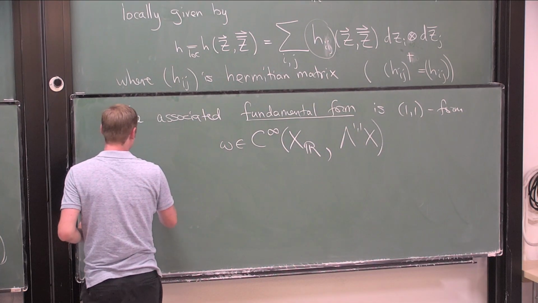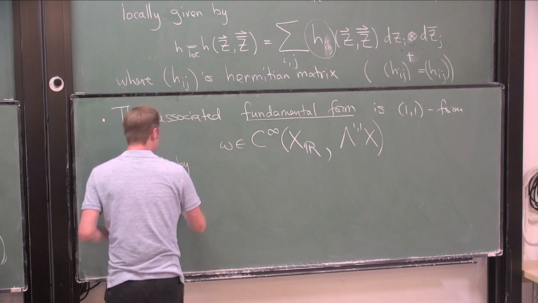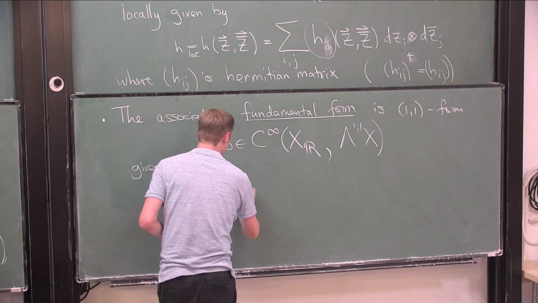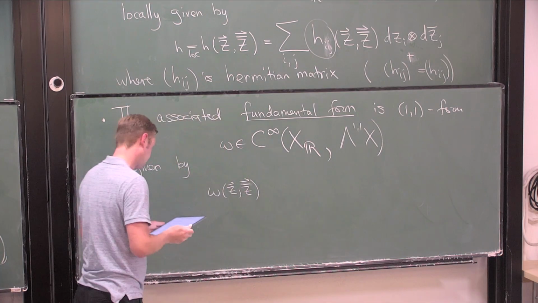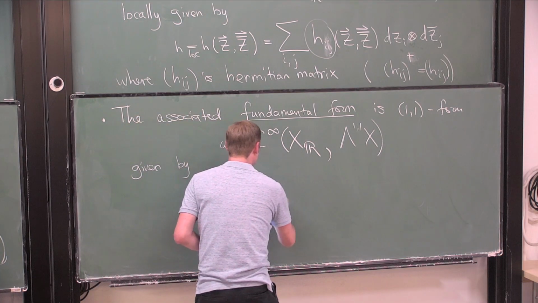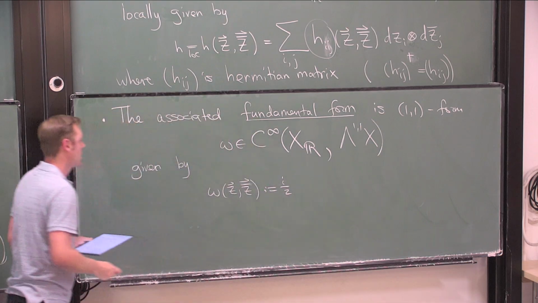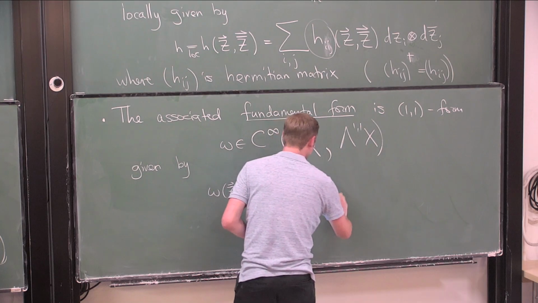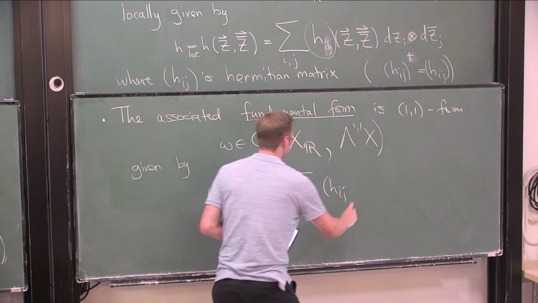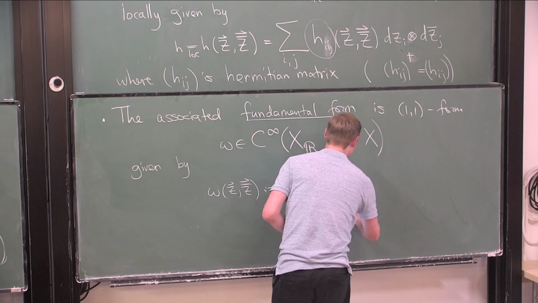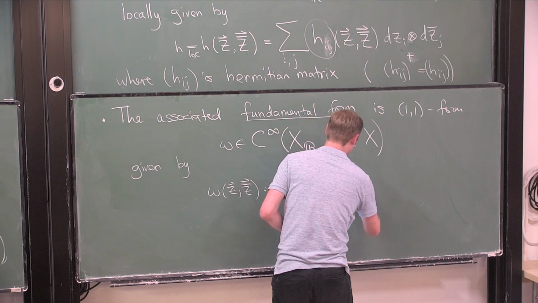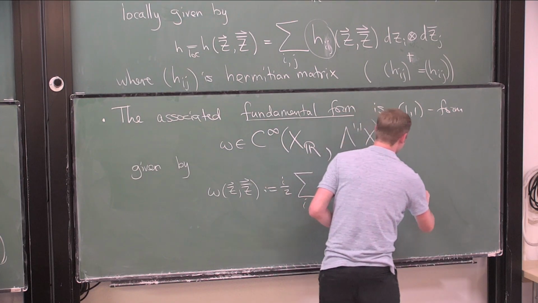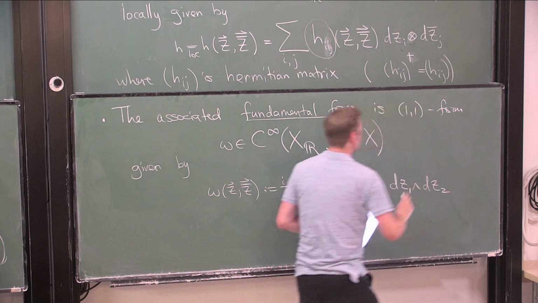It's given, in local coordinates, again, by z, z bar, with some normalizing factor, i/2, it doesn't matter what it is. The important thing is that it's given by the exact same formula as the Hermitian metric, but with the 2 tensor replaced by a differential 2 form.